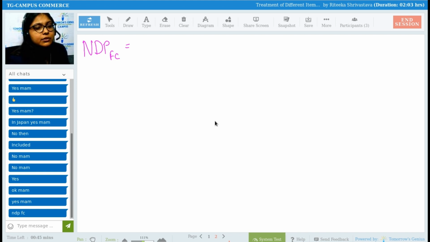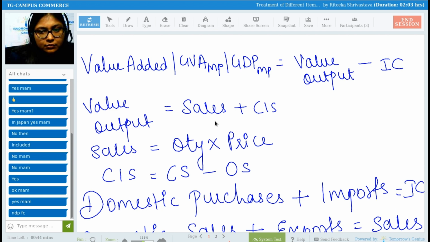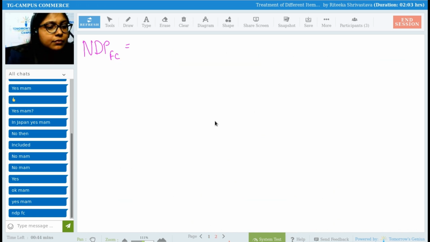For the NDPFC formula, the first two components Mridula will say and then the remaining Gokul will tell me. NDPFC is equal to compensation of employees plus operating surplus.